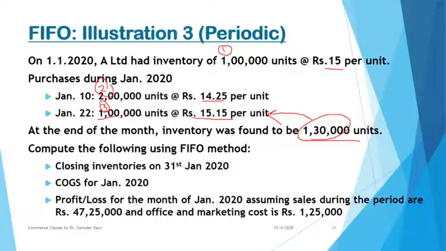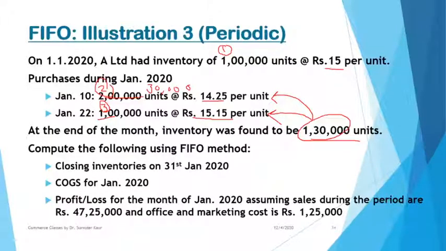So you need additional 30,000 units, isn't it? So in order to get those 30,000 units, you will move into the next lot. So out of this 2 lakh units lot, 30,000 units are left in the closing stock. That way only we'll make up the total closing stock of 1,30,000 units, isn't it? So 1 lakh from the latest and 30,000 from the other.